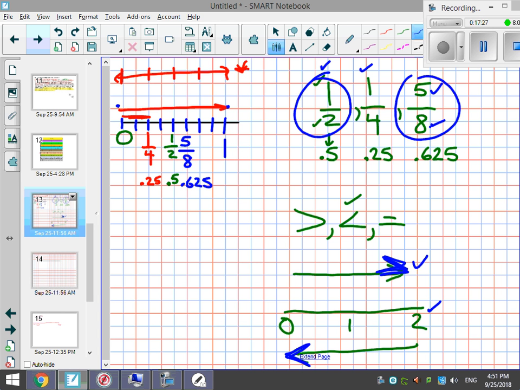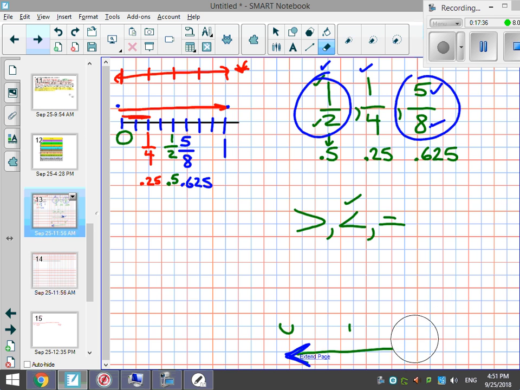So, to end this one off, we looked at these fractions, and I asked you to pick 2 fractions to talk about in relation to greater than, less than, or equal to. It doesn't matter which 2 you pick. I'm going to pick 1/4 and 1/2. Now, when I physically look at them on my number line, it's this one and this one.